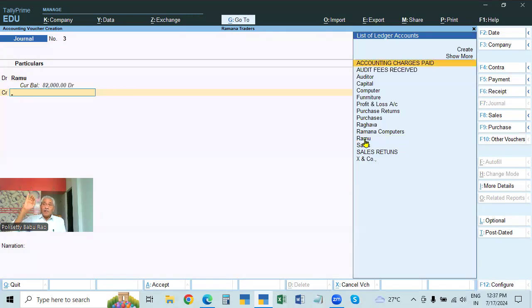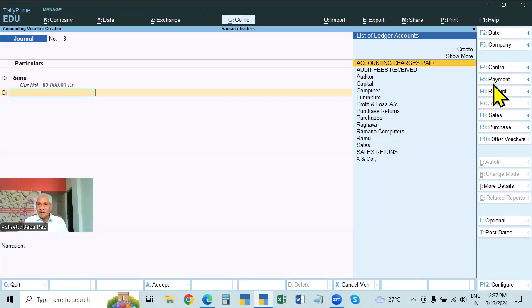See here, when you receive the check, we deposited it in the bank. So bank account is debited when you deposit. Now it is returned, which means bank account is to be credited. So in case of the journal, cash and bank accounts will not be visible. So cash and bank accounts cannot be entered.